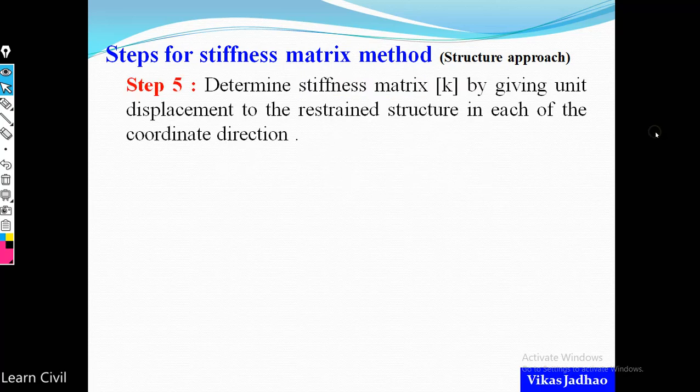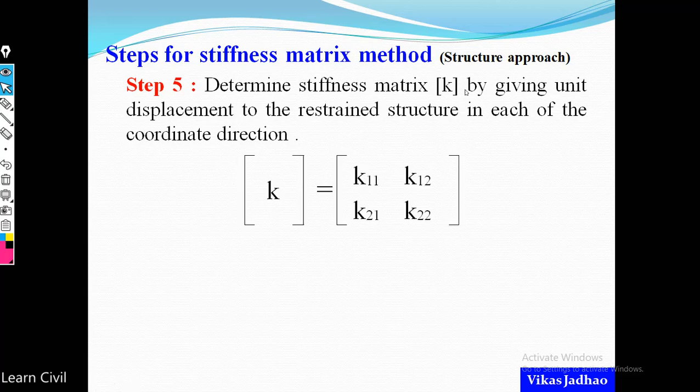So finally the force matrix will be like this, that is force matrix is equal to PJ matrix minus PL matrix. Step number 5, we have to determine the stiffness matrix by giving unit displacement to the restrained structure in each of the coordinate directions. So first we will determine this K matrix. How is this K matrix determined?